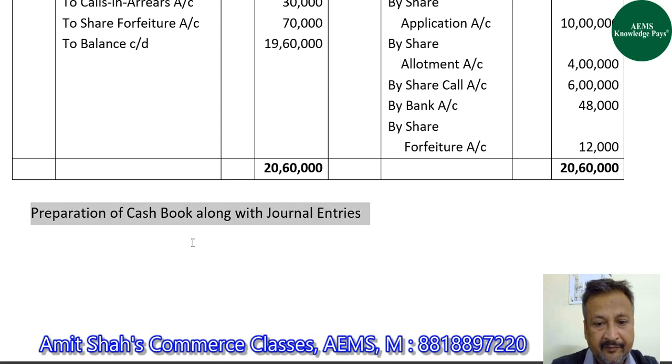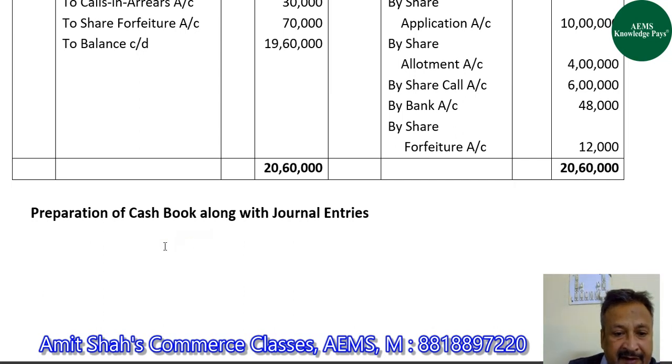Mark this title: Preparation of cash book along with journal entries. So, guys, when you are asked to prepare cash book apart from journal entries, then you have to prepare cash book.